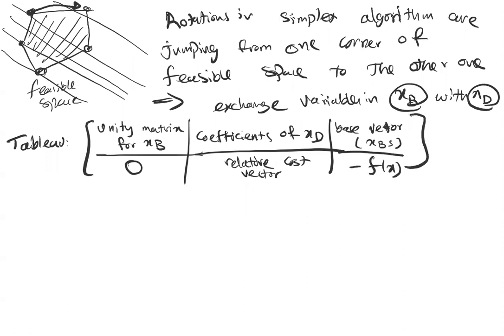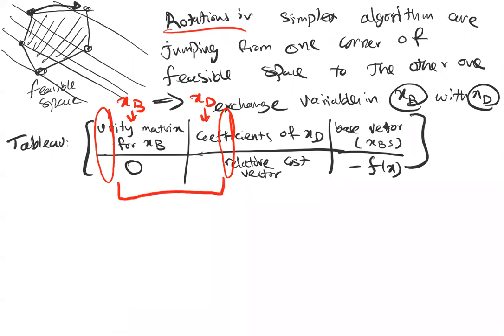So this part refers to base, this part refers to non-base variables. In each iteration, in each rotation, we are going to find one of these basic variables and one of these non-basic variables and switch their location. So we basically bring one of the non-basic variables to the basic. That's how we go from one corner to the other corner.